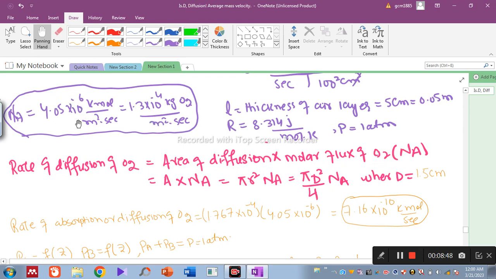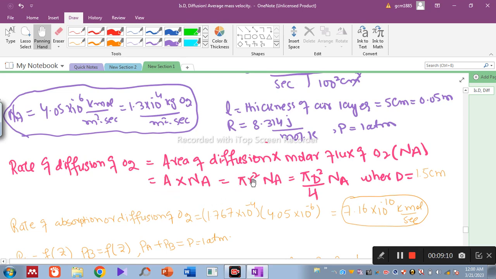This is the molar flux of oxygen along the diffusion path, which is 5 centimeter thick. This is the cross-sectional area of the test tube through which the oxygen is absorbing in the nitrogen and then finally going to the solution.